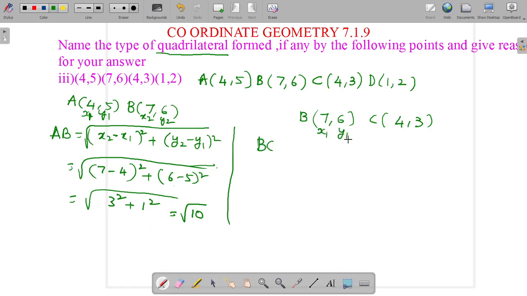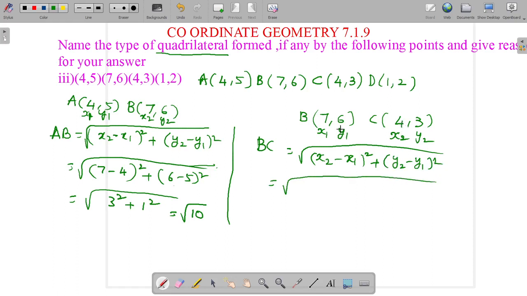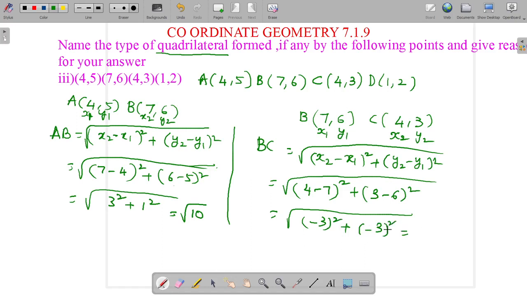BC is equal to the square root of (x2 minus x1) whole square plus (y2 minus y1) whole square, which is (4 minus 7) whole square plus (3 minus 6) whole square, which is minus 3 whole square plus minus 3 whole square, so 9 plus 9.